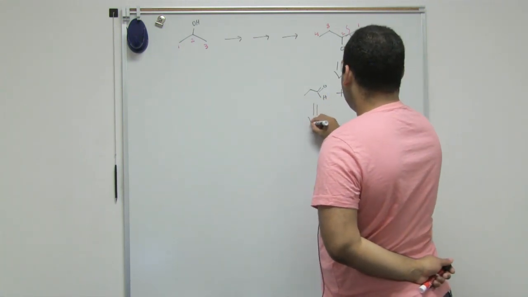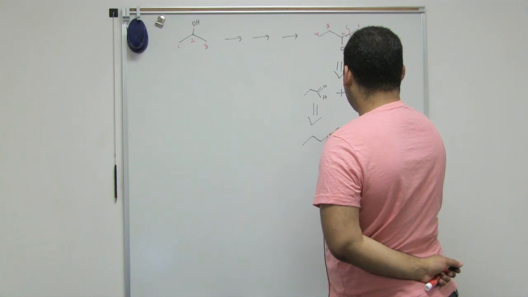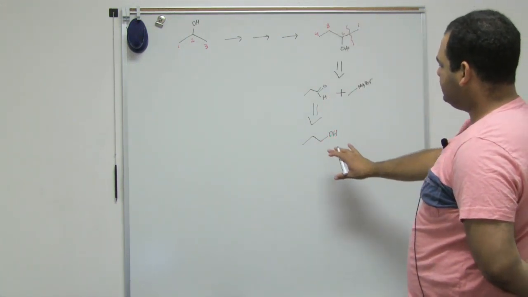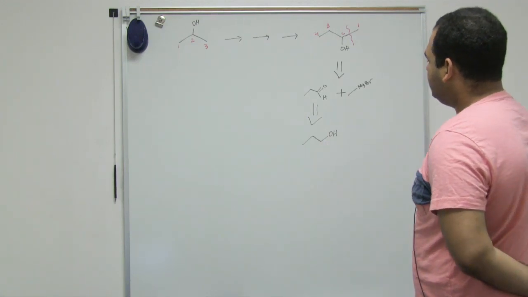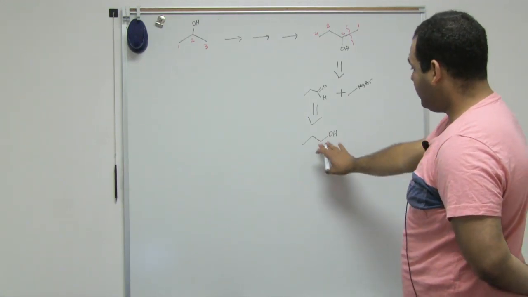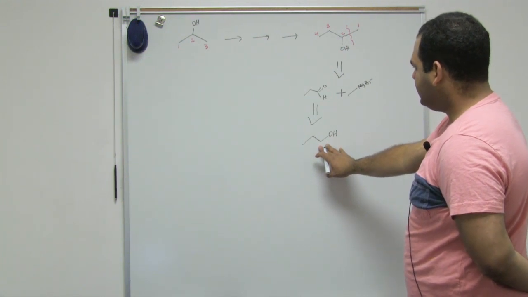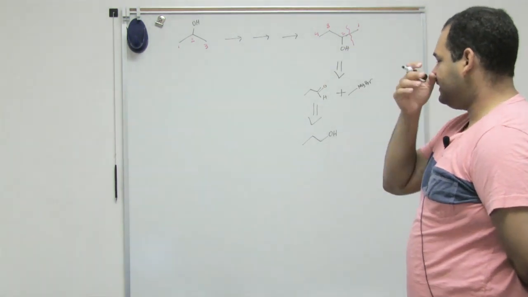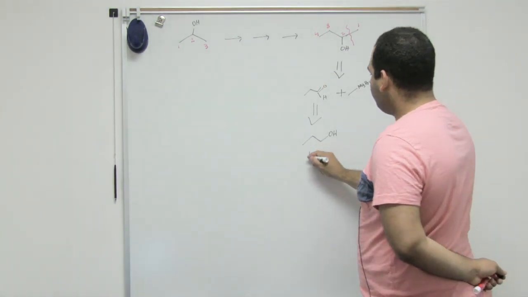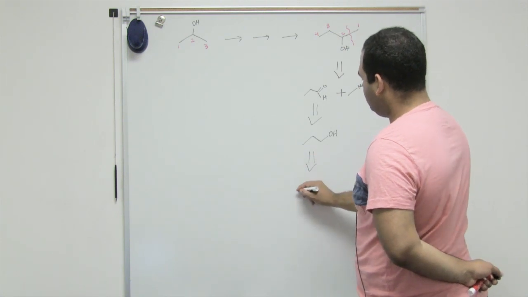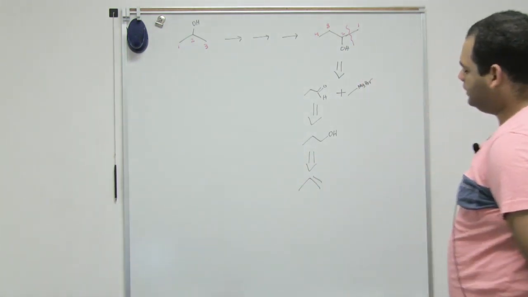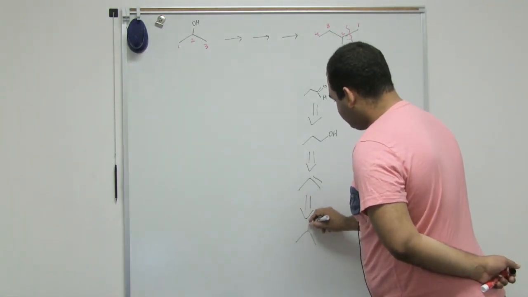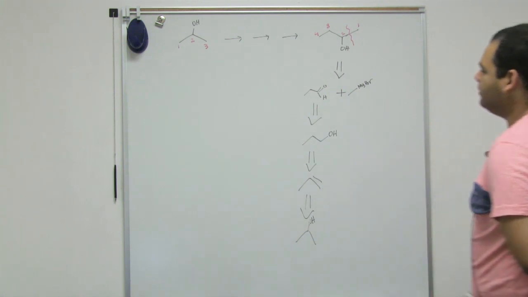If I remember from chapter 15, an aldehyde can come from a primary alcohol. I can oxidize this primary alcohol into that aldehyde. This primary alcohol can come from a double bond, and this double bond can come from my secondary alcohol.